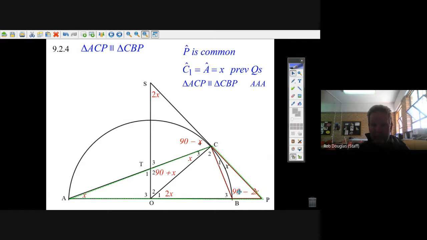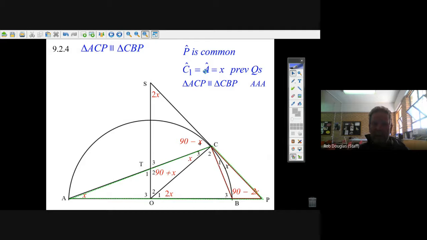Well, we've got the big green triangle and the little red triangle. They share something already. Angle P is common. So we've got one angle right there. We just need one more. Okay, well, I think C1 is X, and we already showed that A was X because of the tan chord theorem in previous questions.